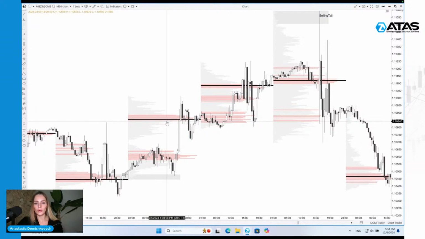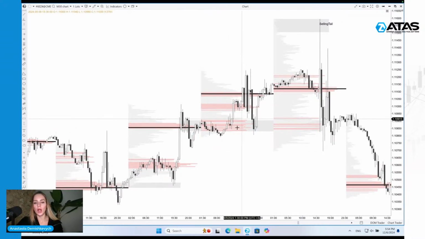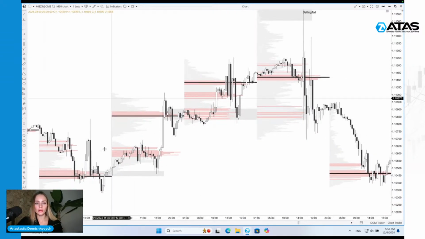The second high volume node is right here. And then the price reverses. So we have at least two, even three, but let's take two high volume nodes on this move to the upside.